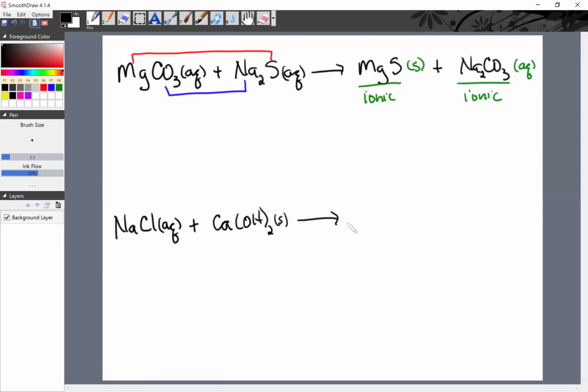Okay, step number one. What could happen? Let's swap the partners. Sodium will go with the hydroxide. Calcium will go with the chloride.